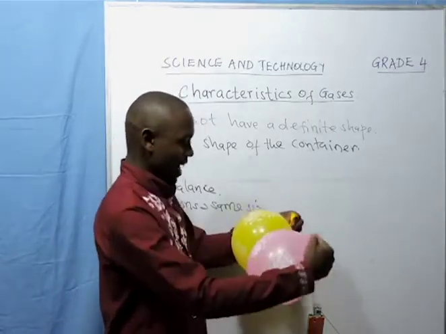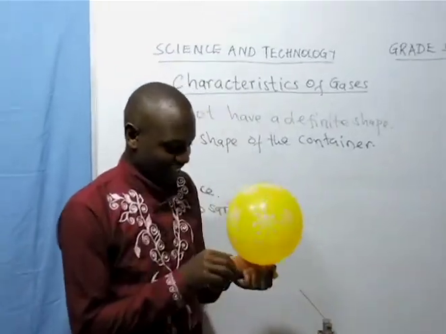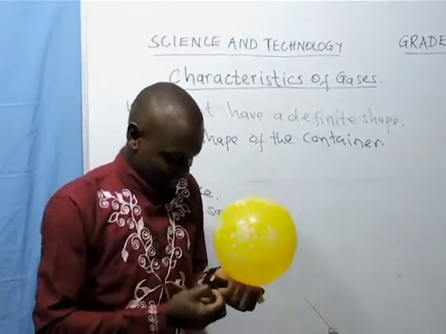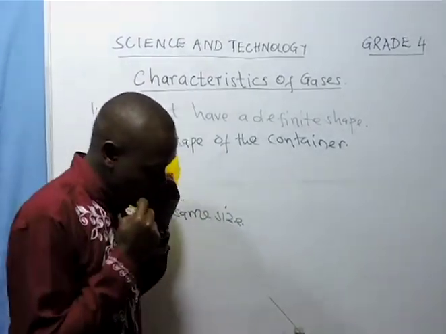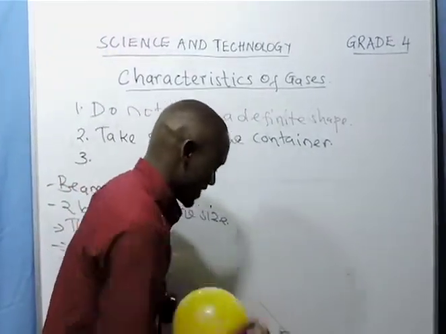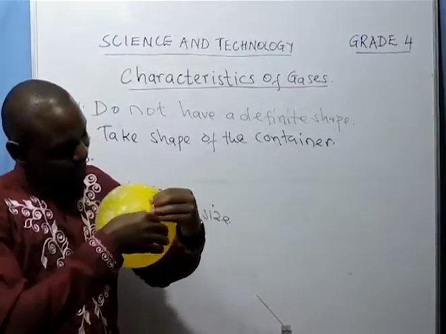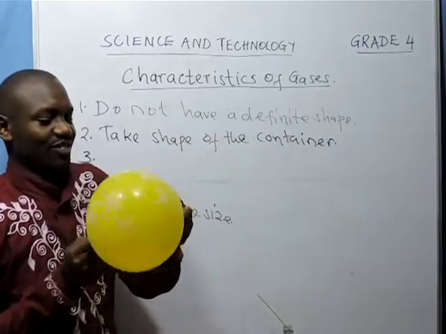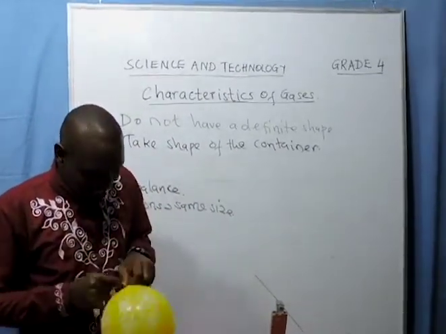Make sure the balloons are the same size and we tie using a string, to investigate whether air has weight. We are investigating whether air has weight. So we fill air and we tie using a string.